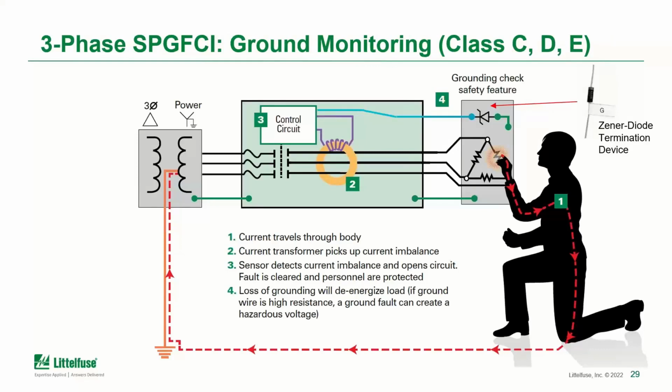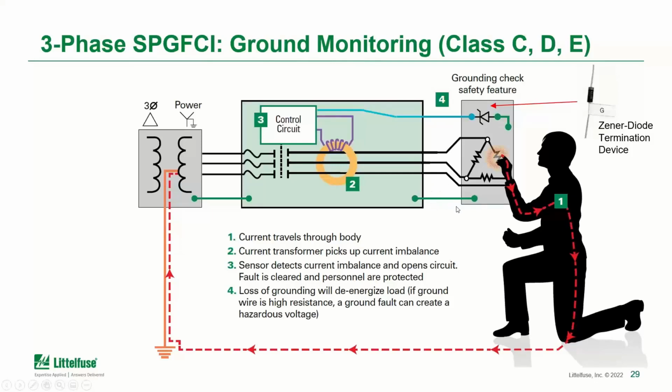Now, when we go to Class C, D, and E, the special purpose GFCIs, there's one additional item, number 4, that we're adding here. This is that grounding monitoring circuit that we just talked about a little bit. What we're trying to monitor is the green bond or earth conductor shown at the bottom here.